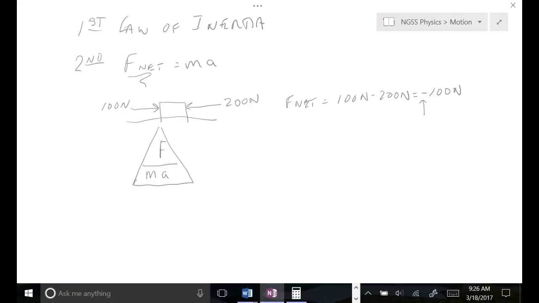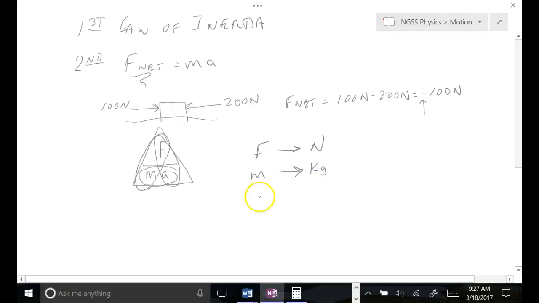But just know, if you want to find force, cover the F up with your finger, and what remains is M times A. If you'd like to find A, cover the A up with your finger, and it's F over M. And if you'd like to find M, cover the M with your finger, and what remains is F over A. Okay? Force is in newtons, mass is in kilograms, and of course acceleration is in meters per second squared.